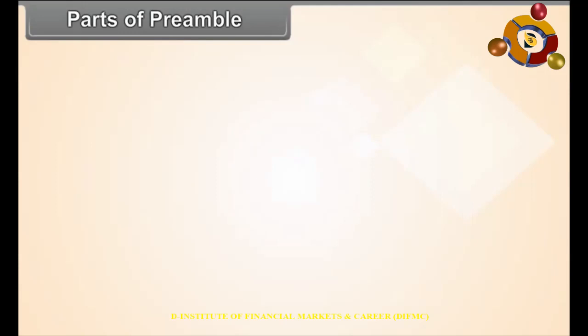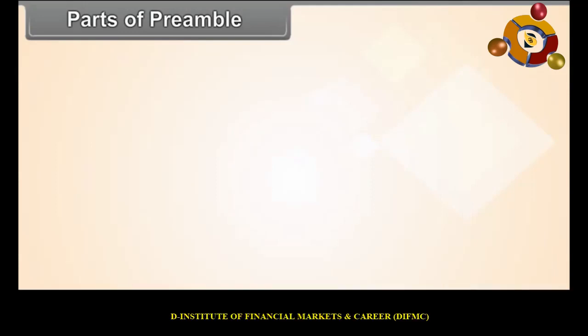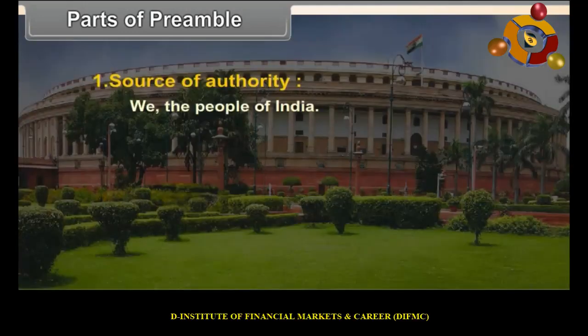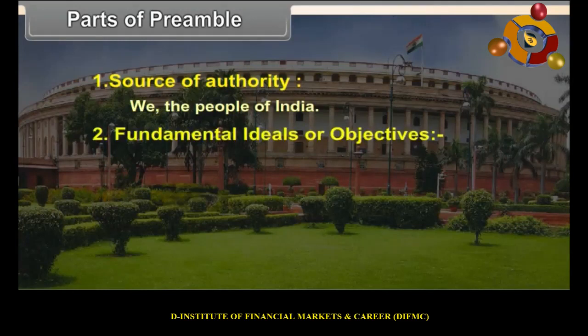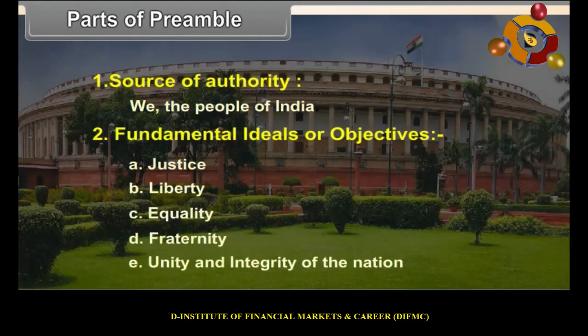Parts of the Preamble. First, source of authority: We the people of India. Second, fundamental ideals or objectives: A. Justice, B. Liberty, C. Equality, D. Fraternity, E. Unity and integrity of the nation.